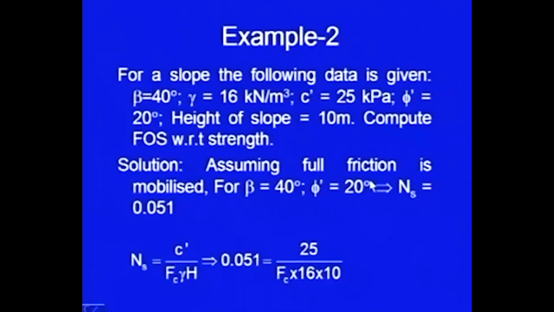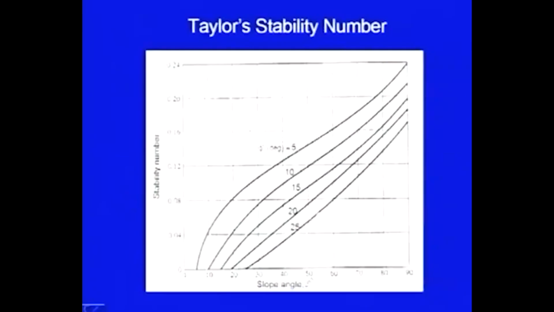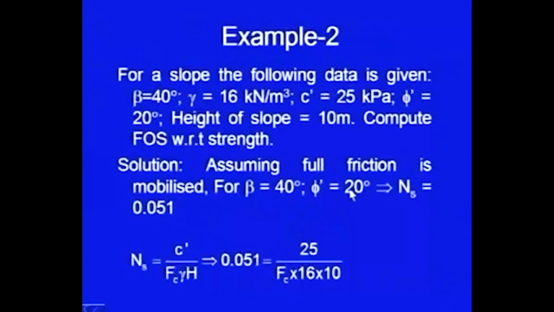Now, if you refer back to the same chart, from here it is 40 and 20. So, somewhere here you get these values. NS comes out to be around 0.051.